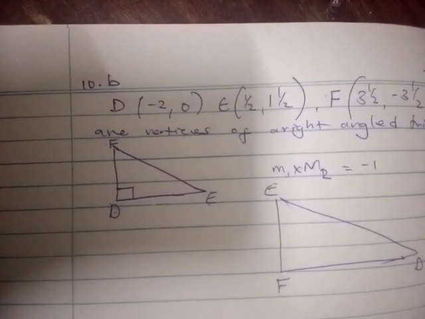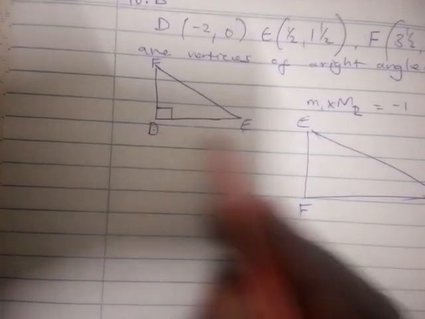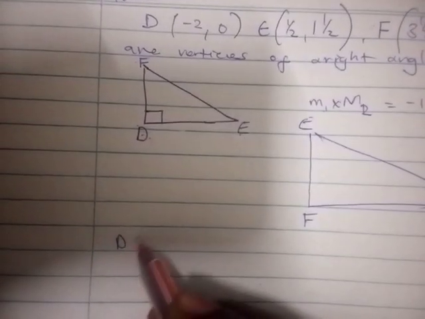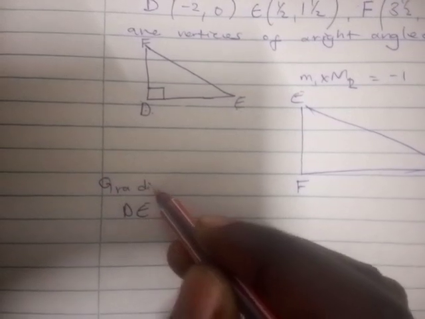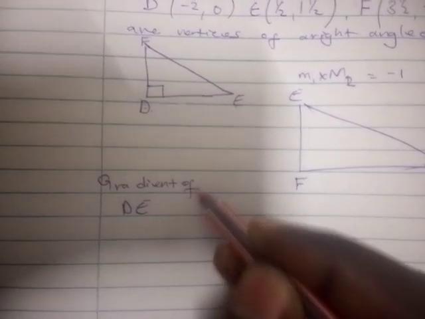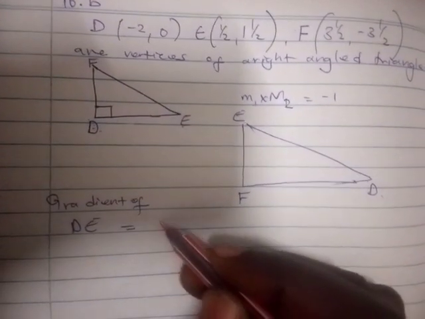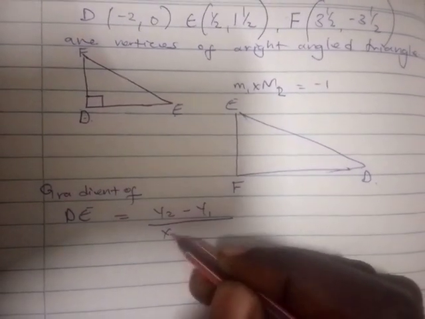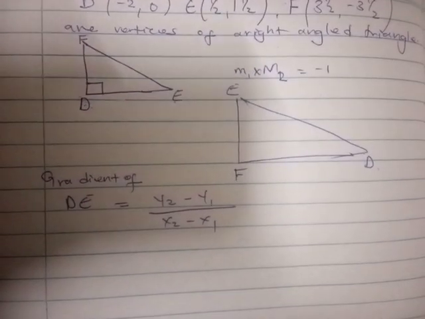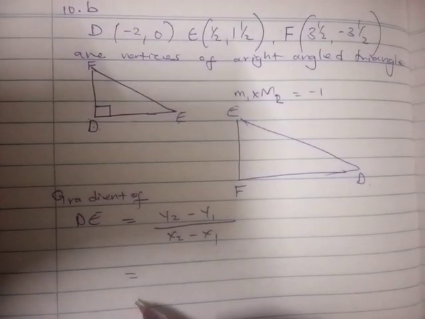So we start by finding the slope or the gradient. When you begin with DE, the gradient of DE. Remember, gradient is equal to what? Change in y over change in x. So it is y2 minus y1 out of x2 minus x1. You have the points up there.